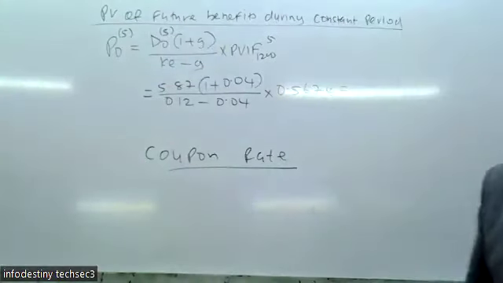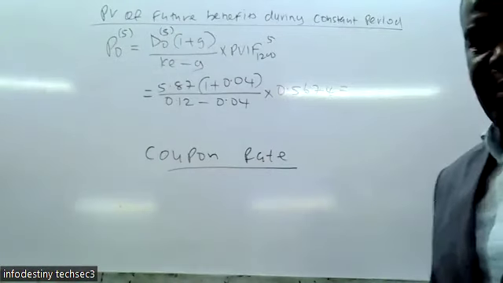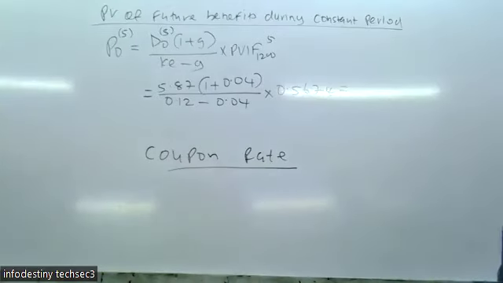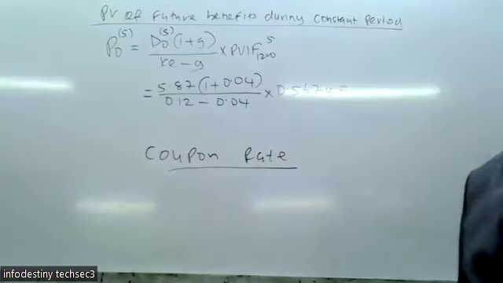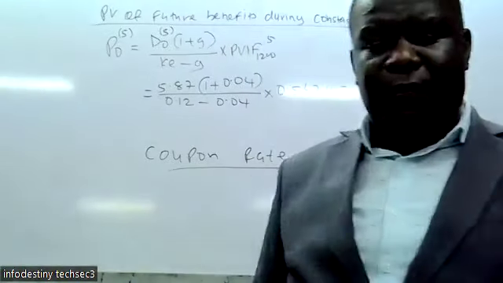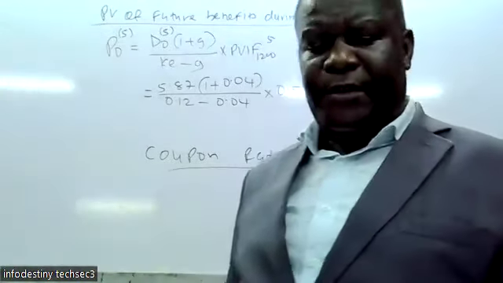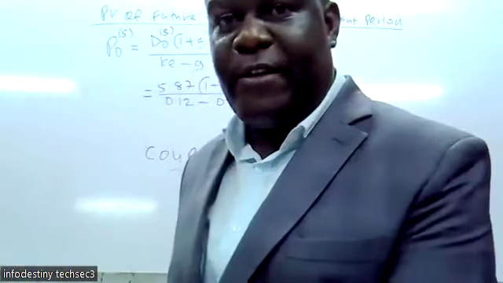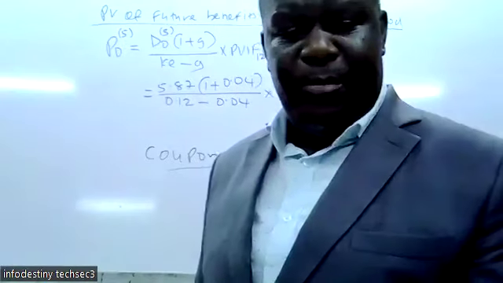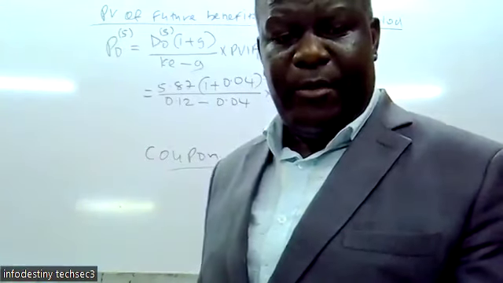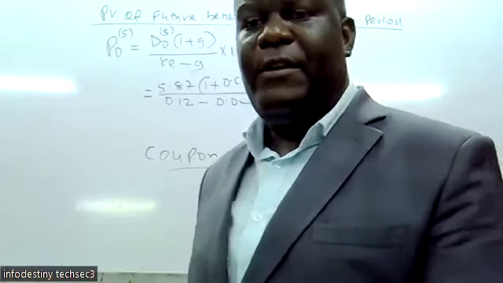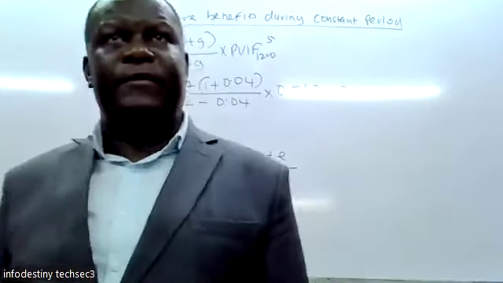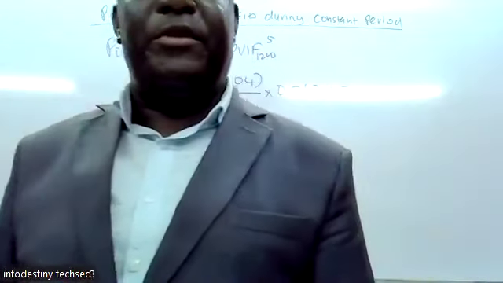Then we continue by noting that they are classified into: A will be valuation of preference shares. Then B will be valuation of debenture or bond.